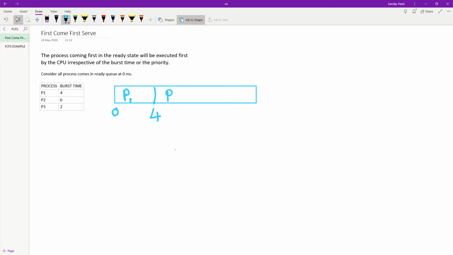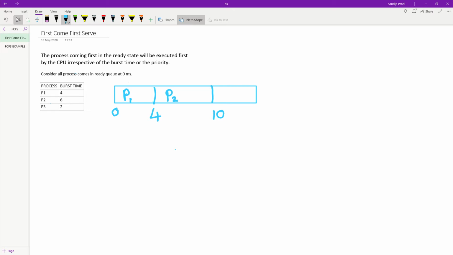Next, according to the algorithm, we will select the process P2, right? Now the process P2 will enter into the CPU, and it will start execution at 4 millisecond, and it requires 6 milliseconds in total. So it completes its 6 millisecond, but we have to write down the total time onto the Gantt chart. That's 6 plus 4, that's 10 millisecond. Okay, fine.